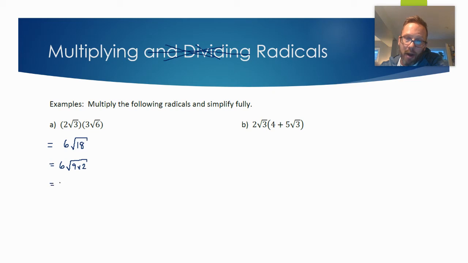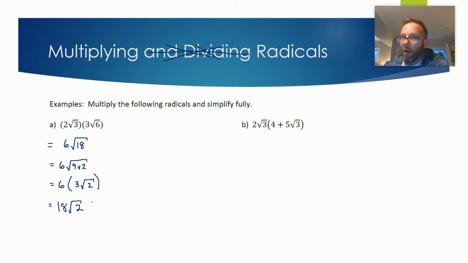I can square root 9. The root of 18, the root of 9 times 2, is equivalent to 3 times the root of 2. And 6 times 3 is 18. So fully simplified, that is equal to 18 root 2 exactly. And again, you could double check that on a calculator. That is a scenario that might pop up once in a while.